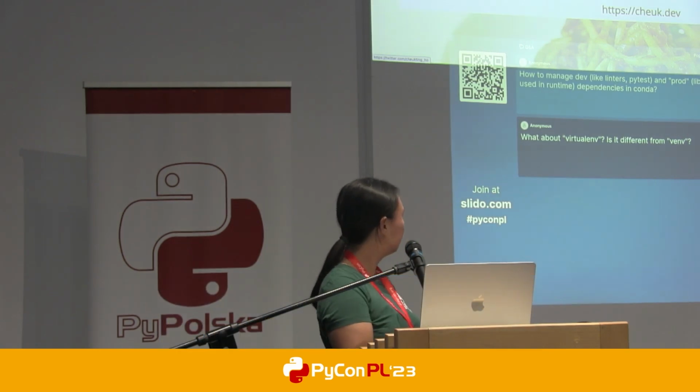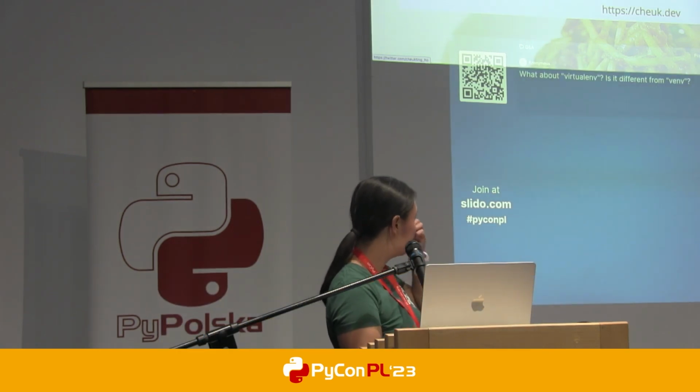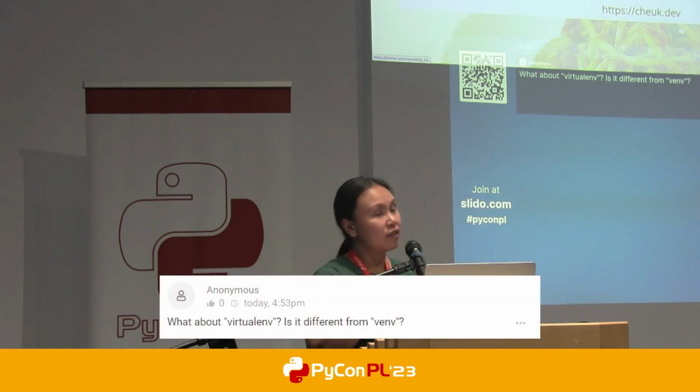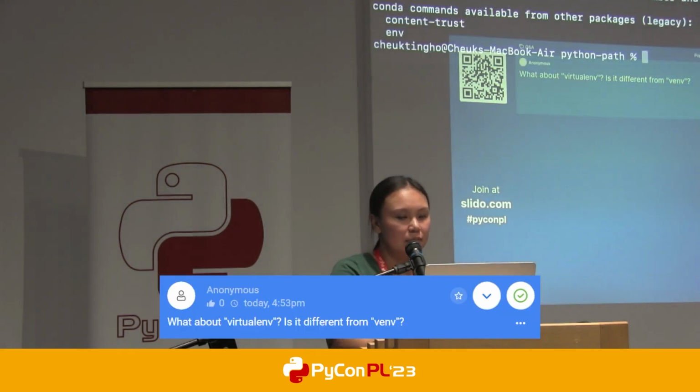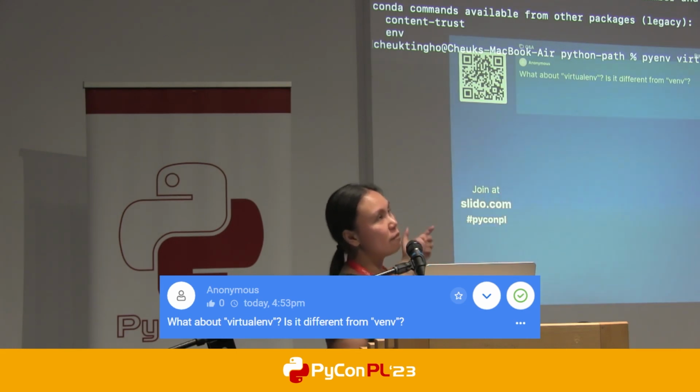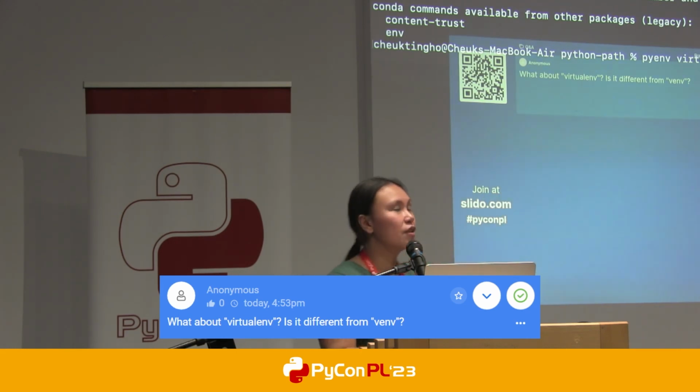And the last question: what about virtualenv? Is it different from venv? Yes, so for virtualenv, for example, on my machine, I use pyenv-virtualenv. If I type pyenv, I have a lot of pyenv versions. Actually, I can just show you this: pyenv virtualenv. I have the virtualenv plugin, that's why I have the auto completion.